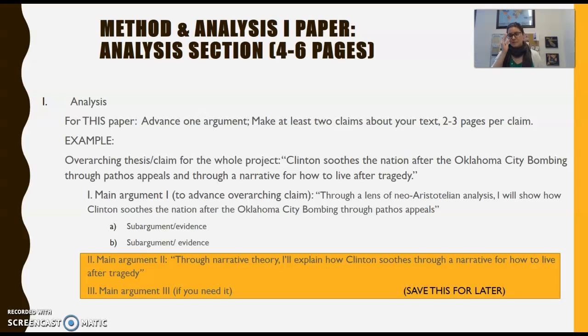All right. So I am going to make one claim that supports my overarching claim for my thesis and then give lots of evidence. And I'm going to explain that, describe that, provide quotes for that. Right. And the rest of my thesis or major argument for the whole thesis I'll cover later. That's what's in the yellow box.